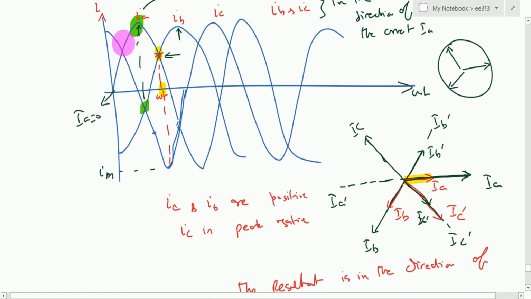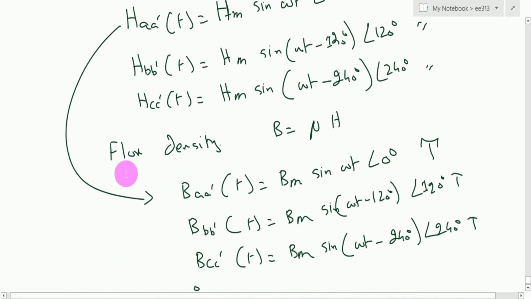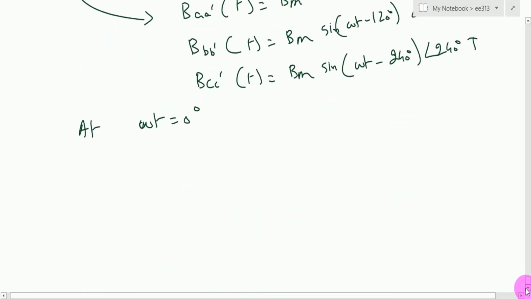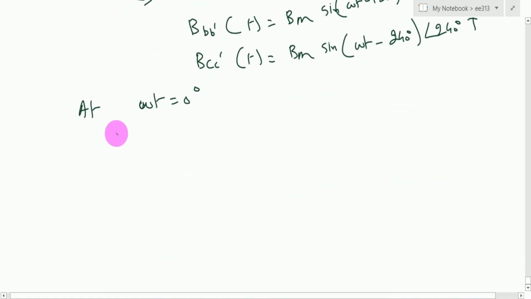However, we do have the current flowing in the phase B as well as in the phase C. So therefore, the magnetic field will establish only in these two phases, and consequently, at omega t equal to 0 degree, the BAA dash is equal to 0 because IA is equal to 0.